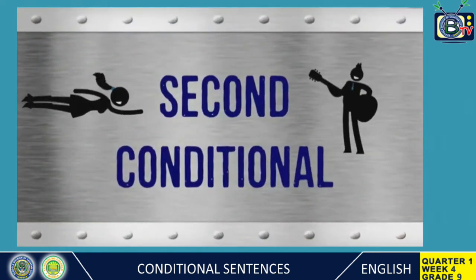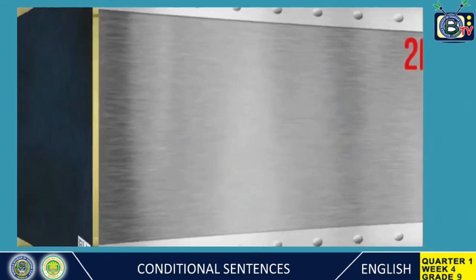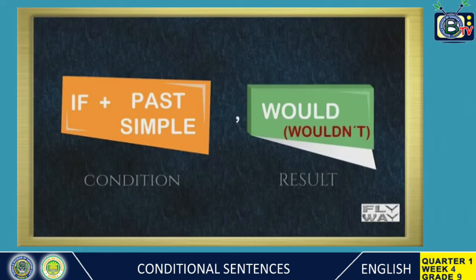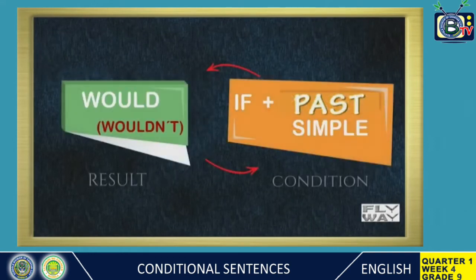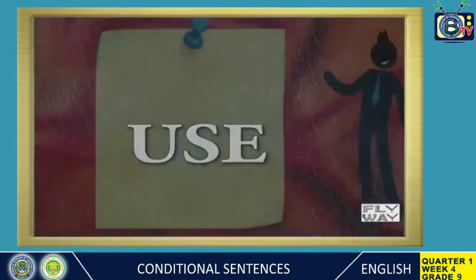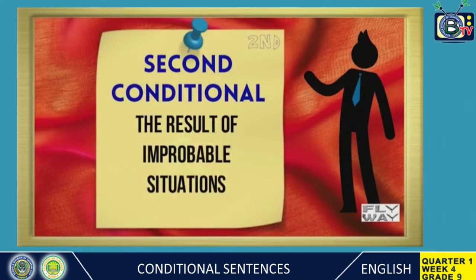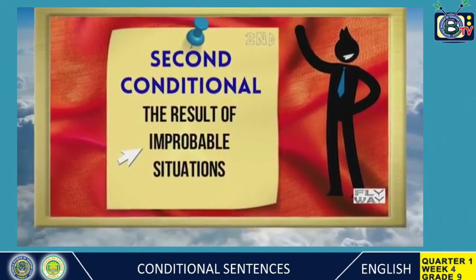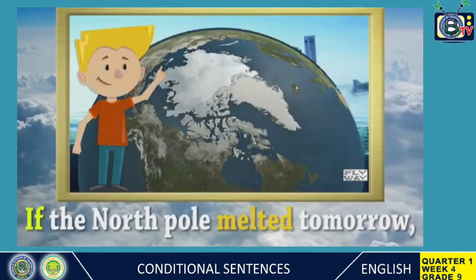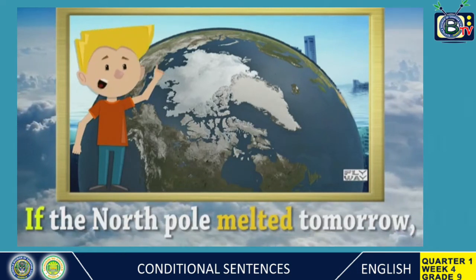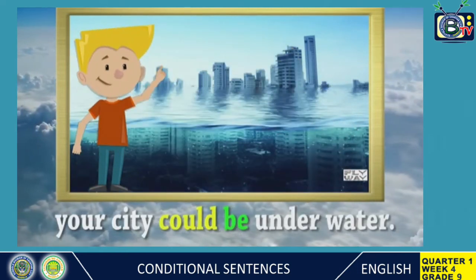Second conditional. If and past simple in condition and would or wouldn't in result. The result of improbable situations. If the North Pole melted tomorrow, your city could be underwater.